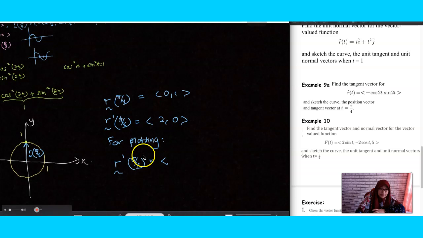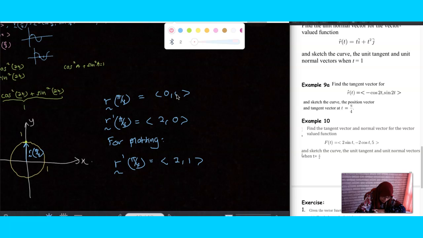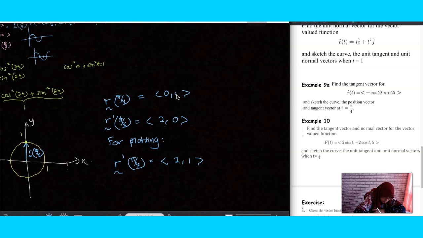For plotting, you add your x component with your position and your y component with your position. So the new location of your tangent vector is (2, 1). Now we find out where the point (2, 1) is: this one is 2, this is 1. So here.